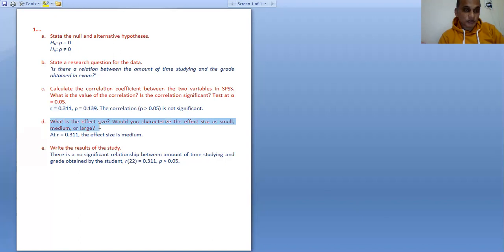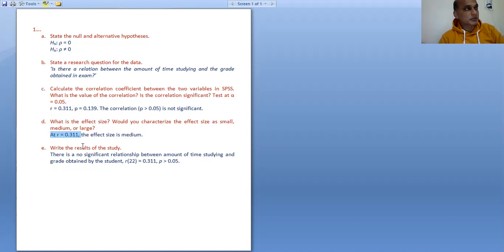Now coming to the question on effect size, would you characterize the effect size as small, medium, or large? So the value we know is 0.311, that is the R value. And we have seen from the notes, you can refer to the notes also on effect size. You'll find that if the correlation value comes to near plus minus 0.1, we are calling it small effect size.